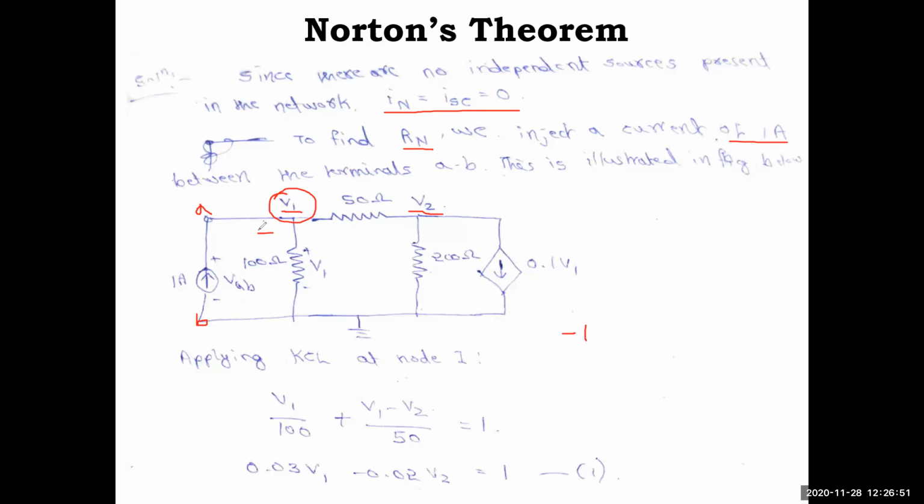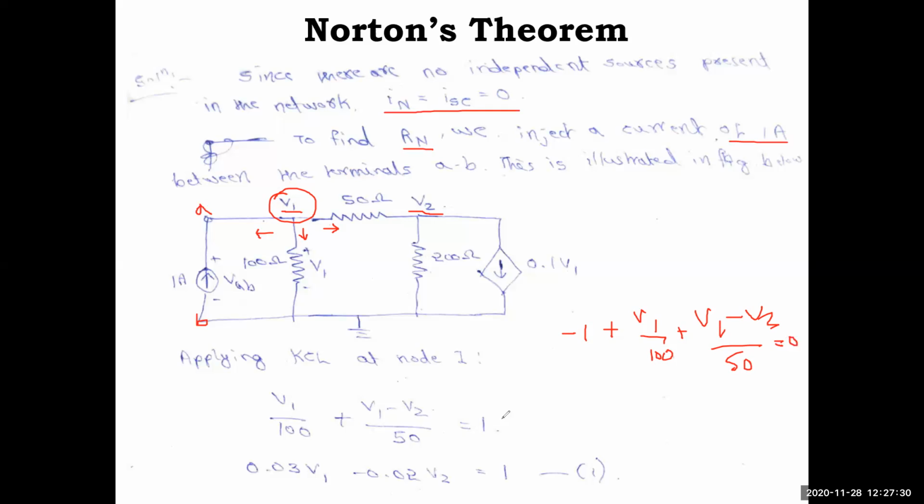In node analysis we consider currents leaving the node, so this is opposite to the convention and it is written as -1. Plus, this is the reference node, so V1 minus 0, that is V1 by 100, plus with respect to these two nodes you have 50 ohm, so V1 minus V2 by 50 is the current across the 50 ohm, equal to 0. This is the first equation.